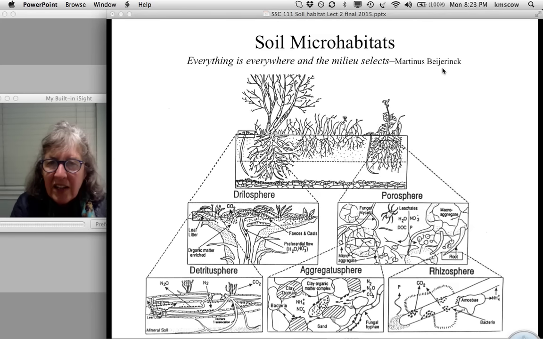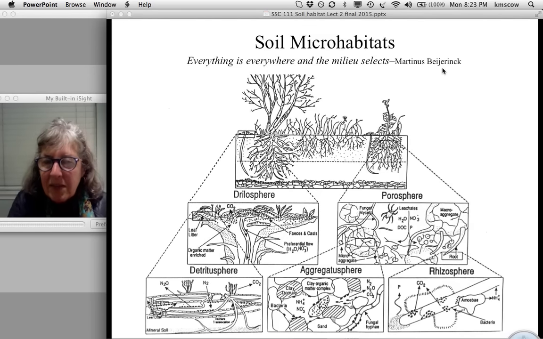You can find most kinds of organisms in most places, but who's actually going to be showing up and engaged and being active are the ones that are going to be selected upon by whatever the environment is offering at that moment. So if it's suddenly very wet and anaerobic, it might select that group of organisms.